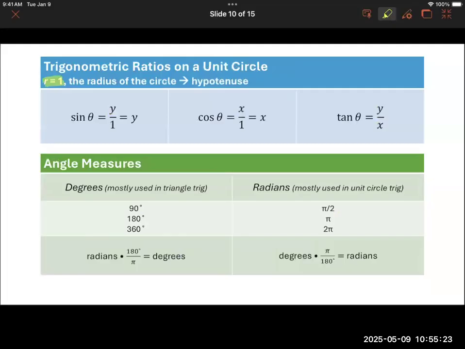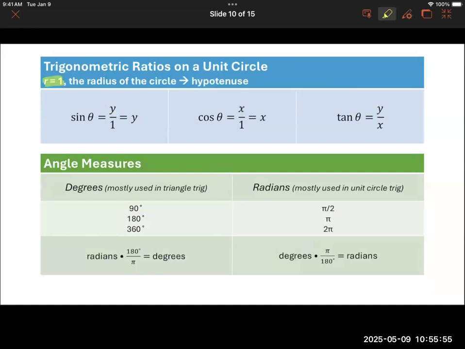We have a circle with a radius of 1, but we still have those XY axes through the middle of it. So we're still talking about points that make up the circle being 1 unit away from the origin.